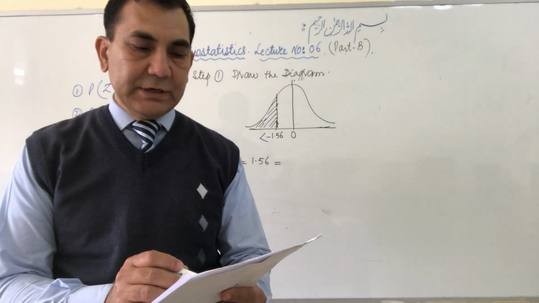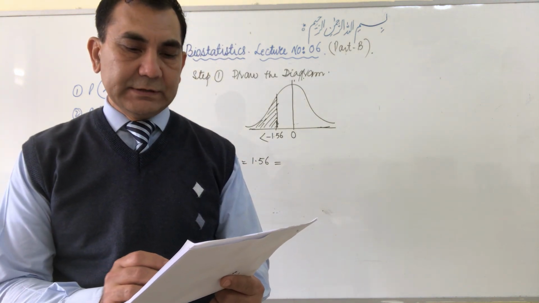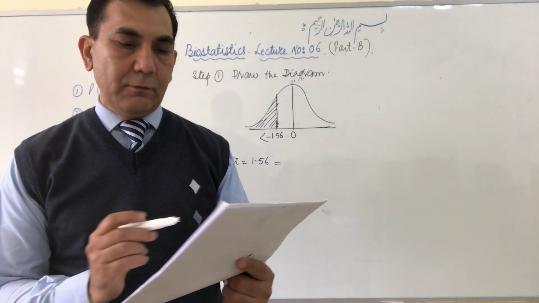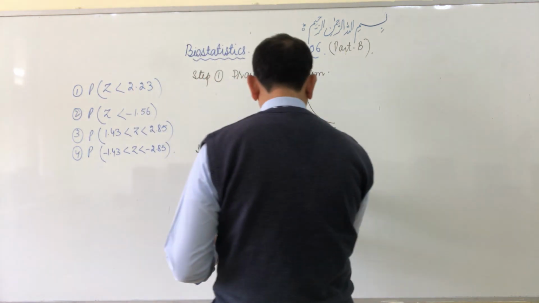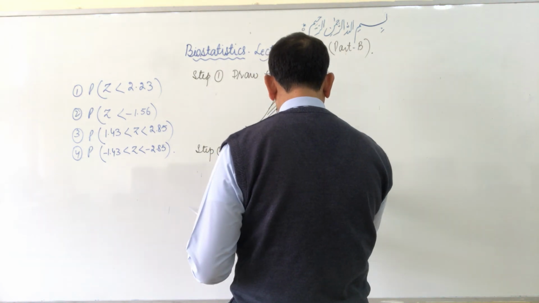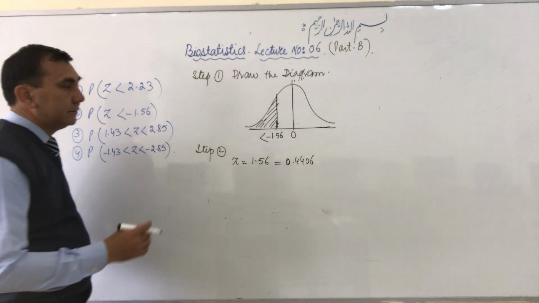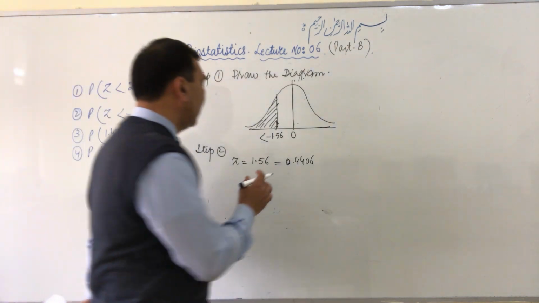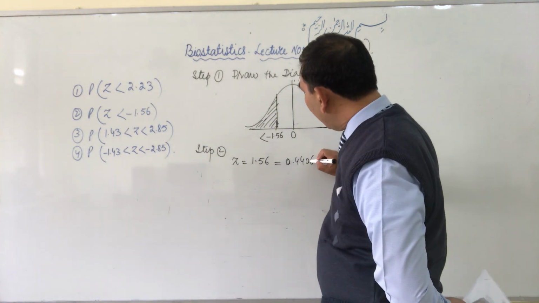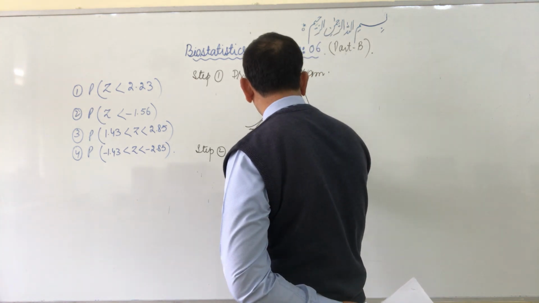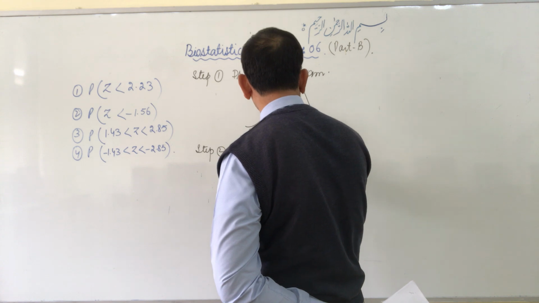The value of 1.56 is 0.4406. This 0.4406 is the area from 0 to here.